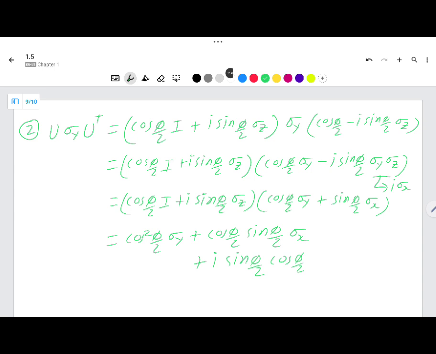sigma z sigma y equals to, z and y. This is minus x, minus x, plus i square pi by 2 sigma zx minus y.